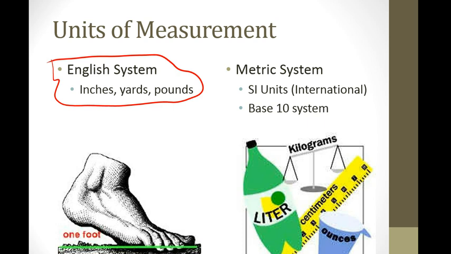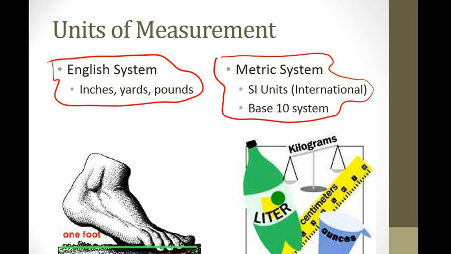So, for instance, there are 12 inches in a foot, but there are 5,280 feet in a mile and 3 feet in a yard. The connections are not immediately obvious, but we like it because it's already the thing that we know.